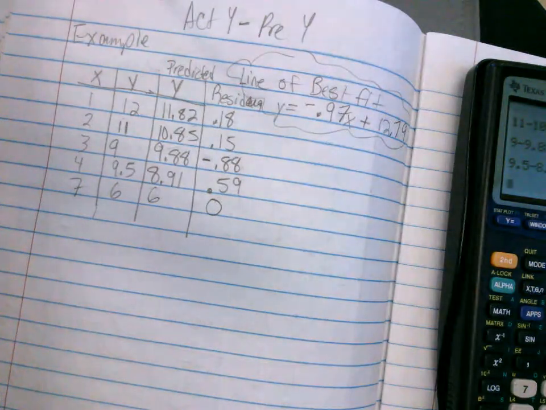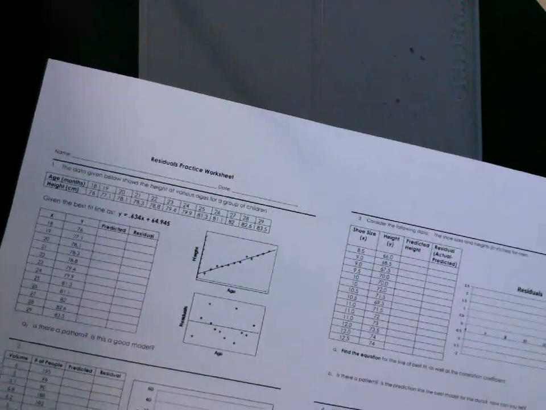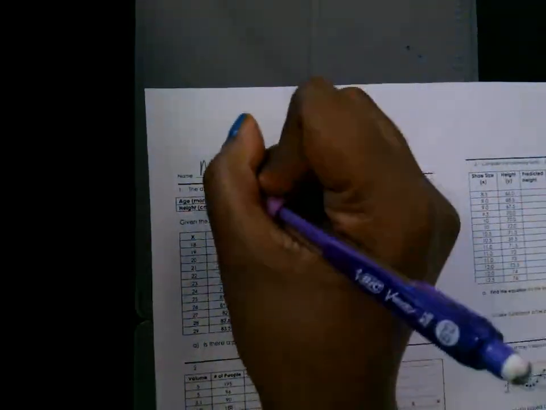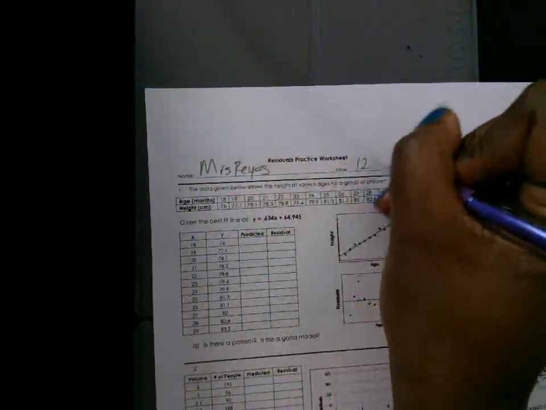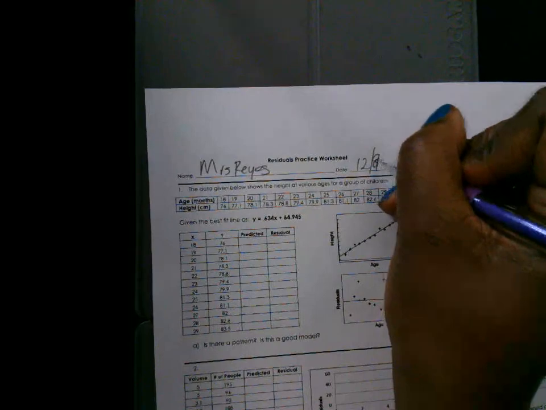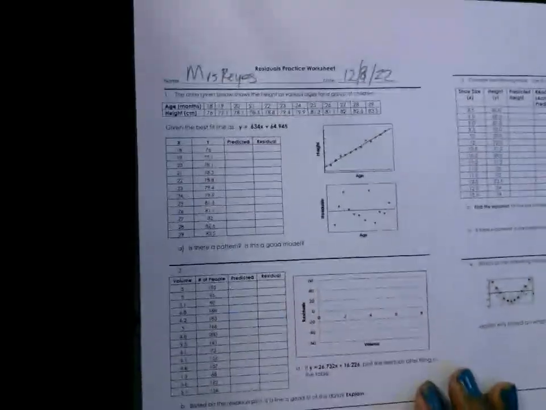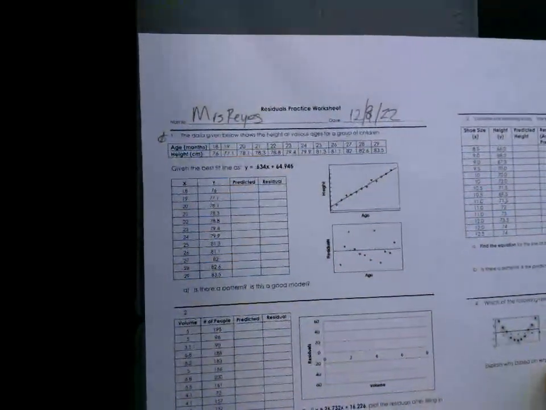All righty. All right. So look, for this sheet here, okay, name, today's the 8th. All right, so I want you to, of course, do number 1, find the residual there.